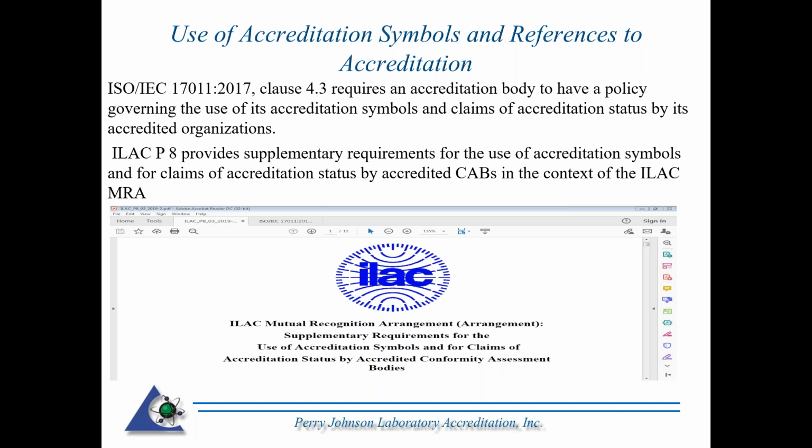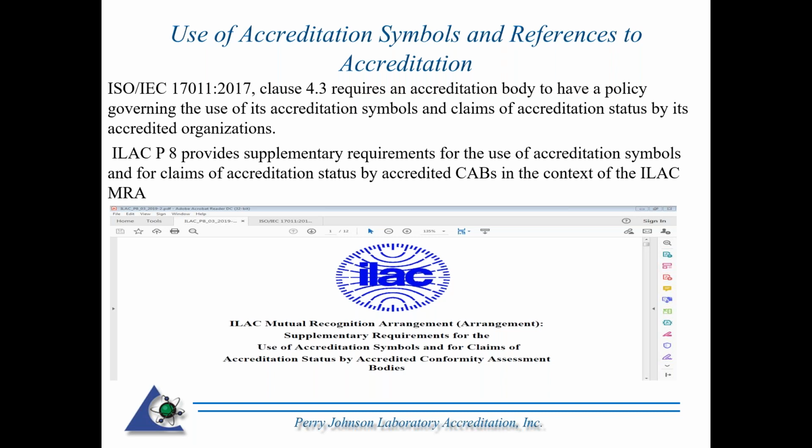Now, one of ILAC's P documents, P being policies, is P8, which provides supplementary requirements for the use of accreditation symbols and for claims of accreditation status by accredited CABs, which will be you all, the folks subject to our accreditation: testing, calibration, reference material producers, in the context of the ILAC MRA.